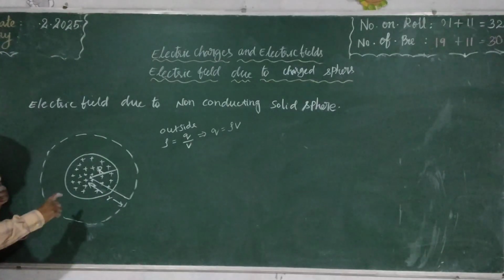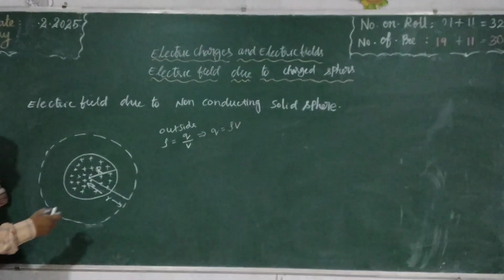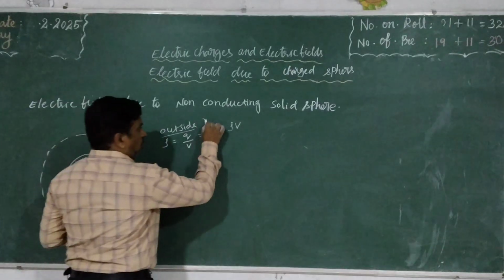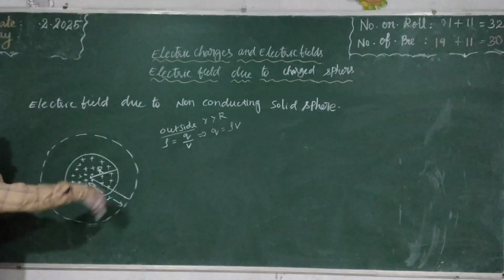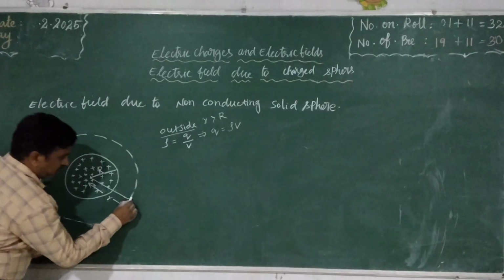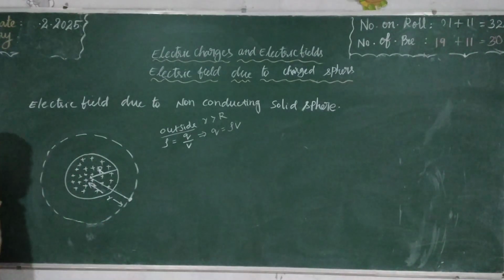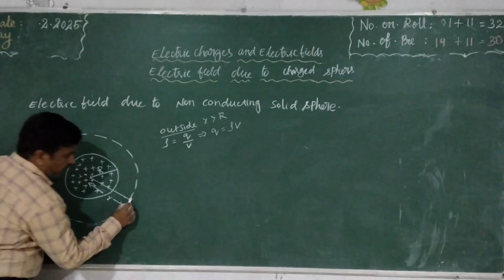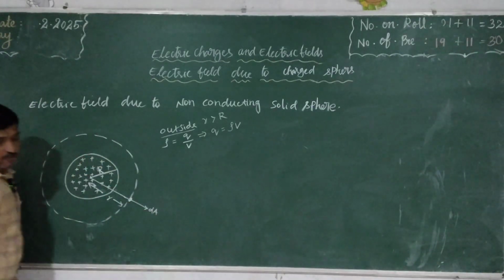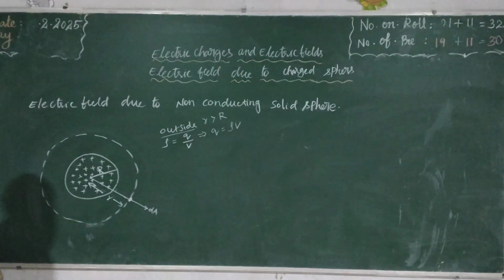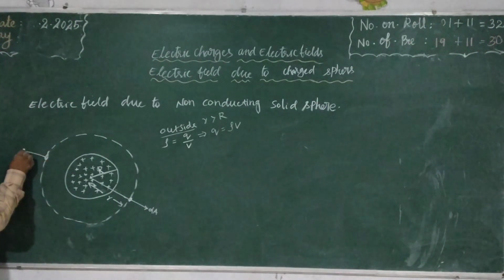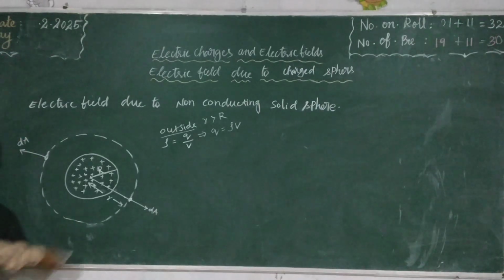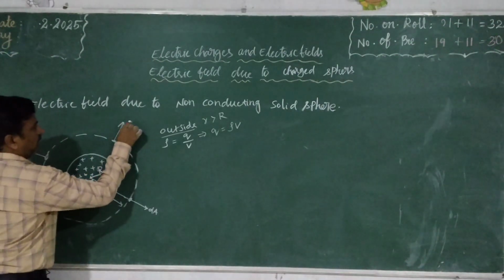Now we draw the Gaussian surface outside the sphere, meaning r is greater than capital R. For a small area we draw the area vector dA. For a closed surface, the outward normal is taken as the area vector.